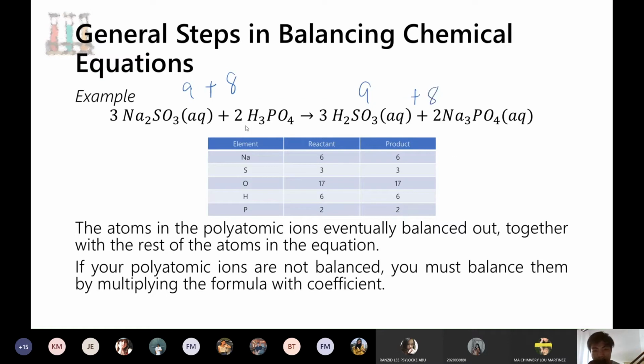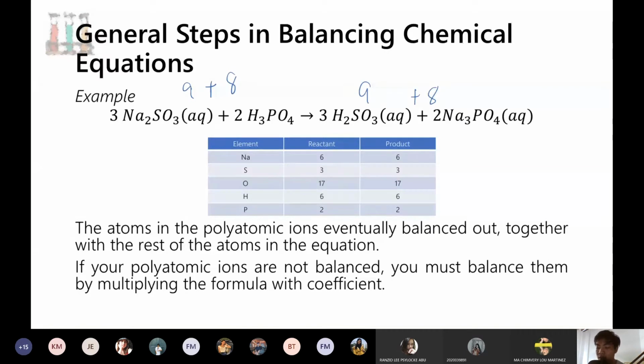Hydrogens, we have 2 and 3, so 6 yan. Then, 3 and 2, 6 din yan. Then, phosphorus, that's 1 phosphorus times 2, 1 phosphorus times 2. So, tig-dalawa.